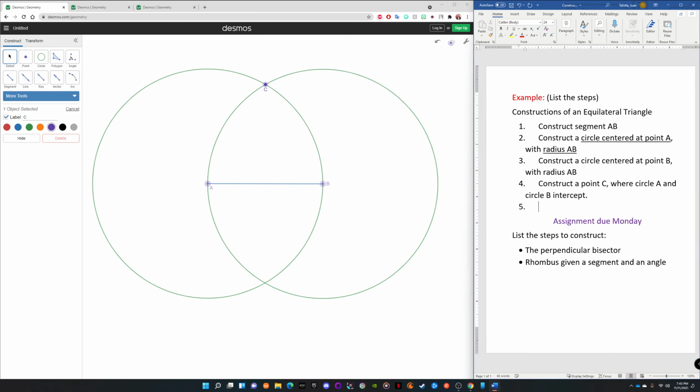So that's how you want to define where a point is located. Points happen at a specific intersection, and you want to describe what are the two things that are intersecting.